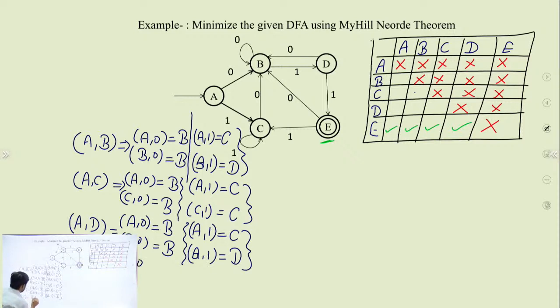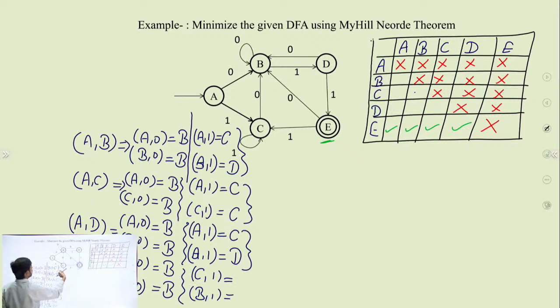B on 0, C on 0: B on 0 goes to B, C on 0 goes to B. C on 1, B on 1: C on 1 goes to C, B on 1 goes to D.